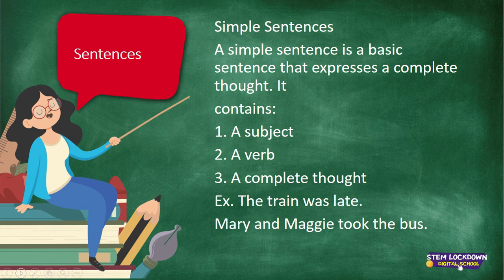The train was late. And what is our subject? Our subject there is the train. And was is our verb. And late follows a complete thought. And the next one is Mary and Maggie took the bus. The verb there is took. Our subject is Mary and Maggie. And our object is the bus.